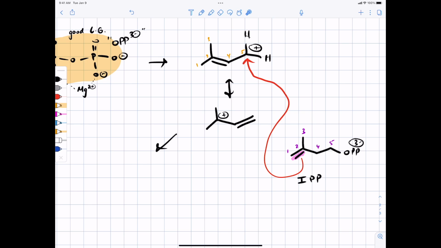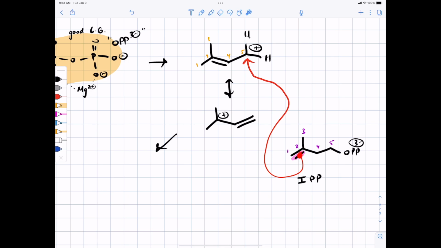Tell me what the intermediate's going to be after we make this new bond. Or rather, is it one of these gets the bond, the other one gets what? Positive charge. Okay. So what do you know about carbocations?